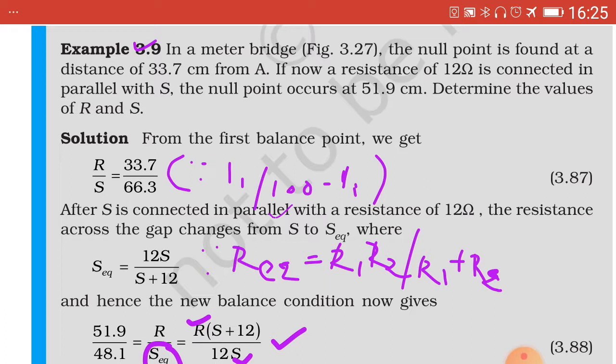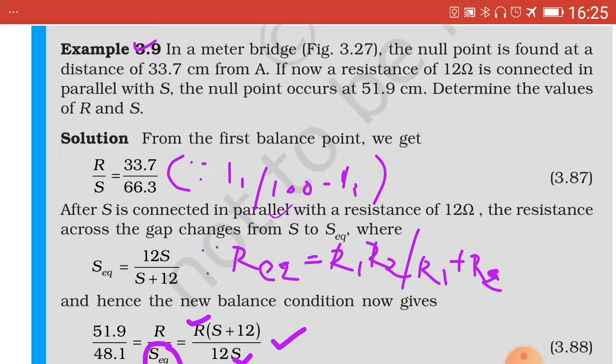In a meter bridge, figure 3.27, the null point is found at a distance of 33.7 cm from A. If now a resistance of 12 ohm is connected in parallel with S, the null point occurs at 51.9 cm. Determine the values of R and S. So we have to find out two values of resistances, that is R and S.